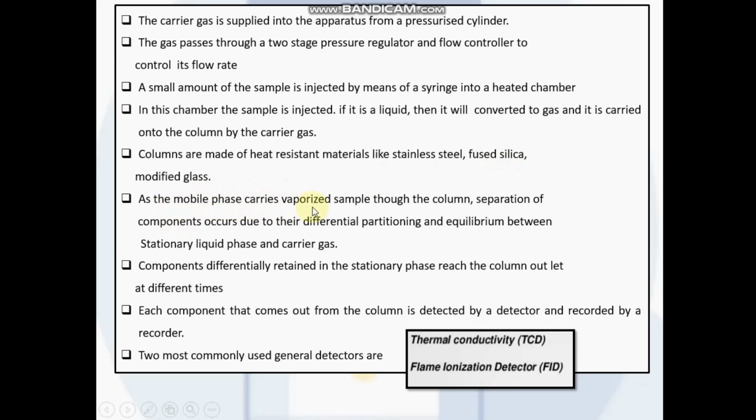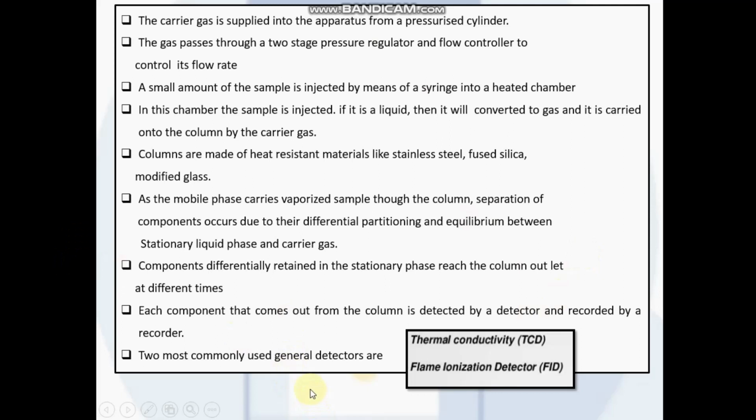As the mobile phase carries the vaporized sample through the column, separation of components occurs due to their differential partitioning and equilibrium between stationary liquid phase and carrier gas. Components differentially retained in the stationary phase reach the column outlet at different times. Each component that comes out from the column is detected by the detector and is recorded by a recorder.